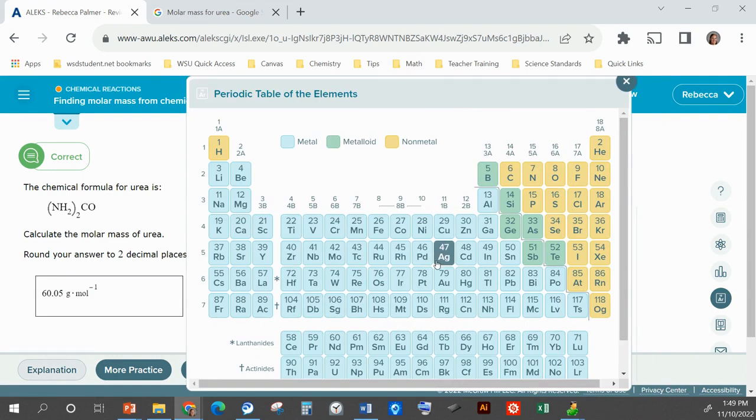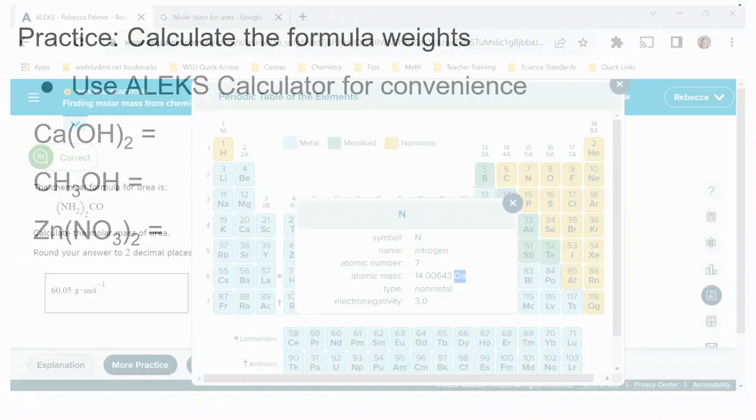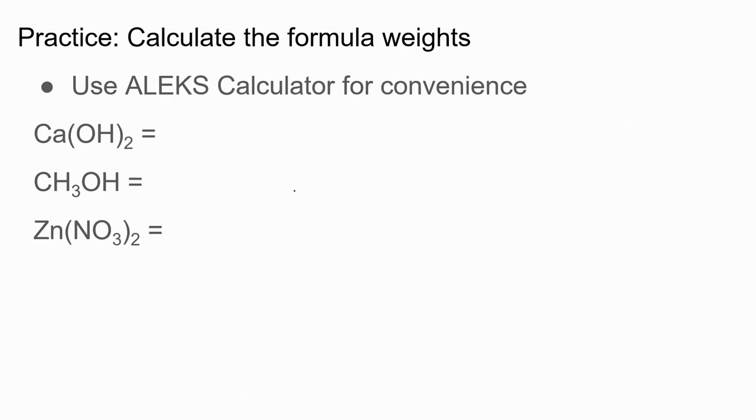The other way you can do this is on your own calculator. You can do the same thing, the atomic mass is listed here. It's in Daltons. This is the same thing, but we can switch the units to grams per mole or atomic mass units. Questions on that? Okay, I'll give you 1 minute.